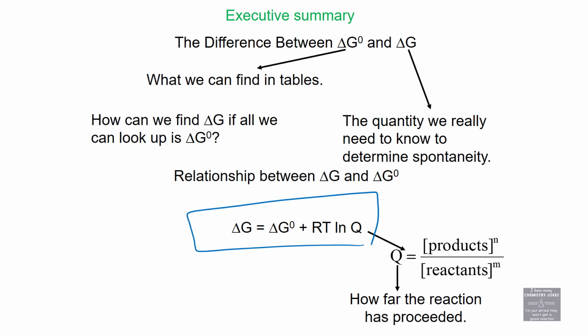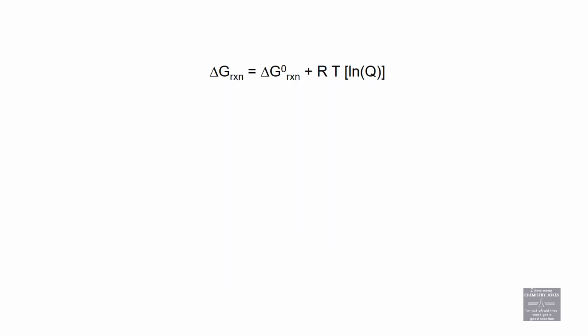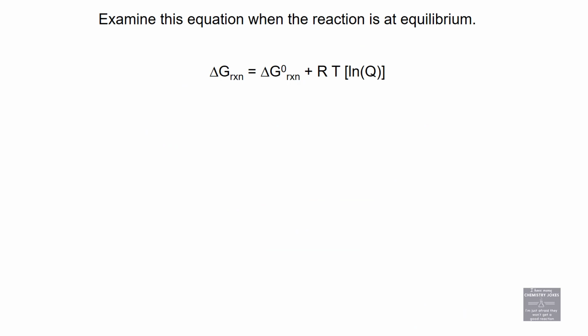Q, remember, is how far the reaction has proceeded. It's any time other than at equilibrium. What if we talk about this reaction at equilibrium? At equilibrium, delta G non-standard is equal to 0.